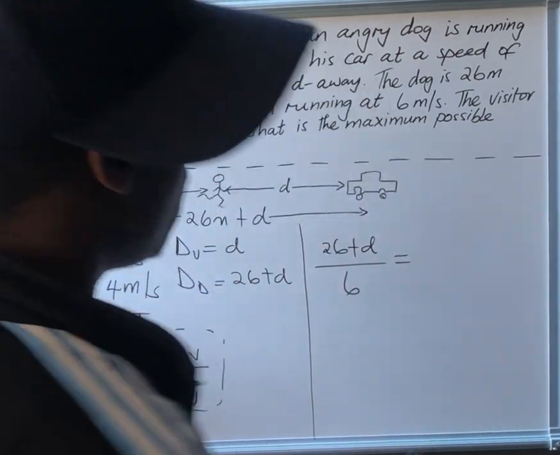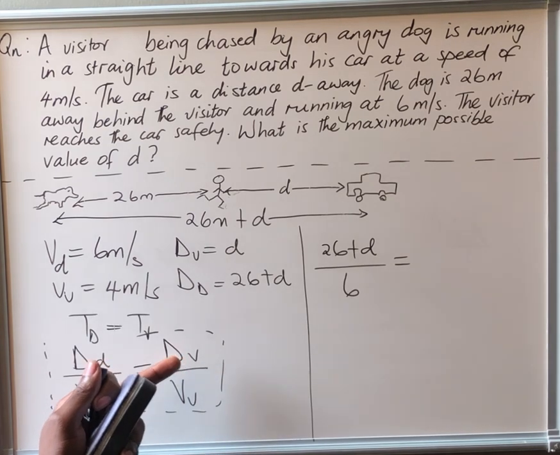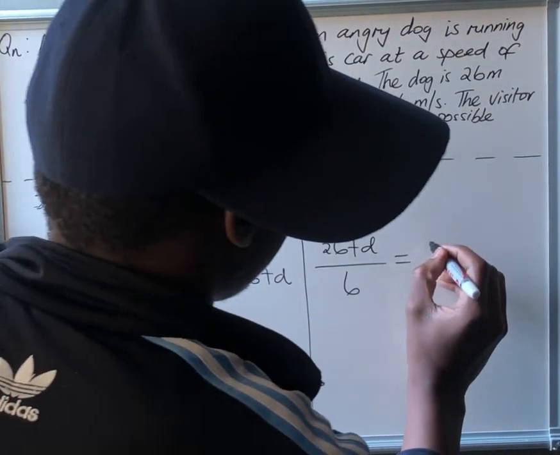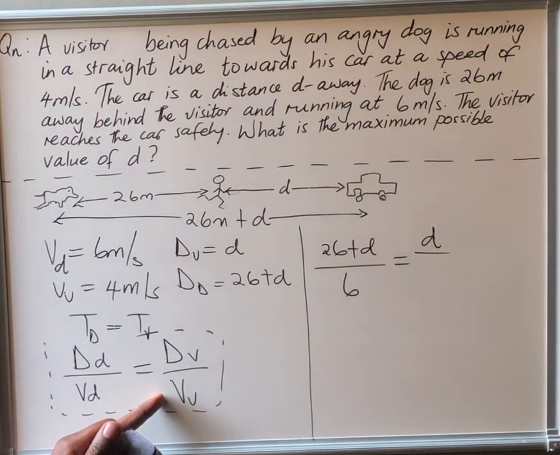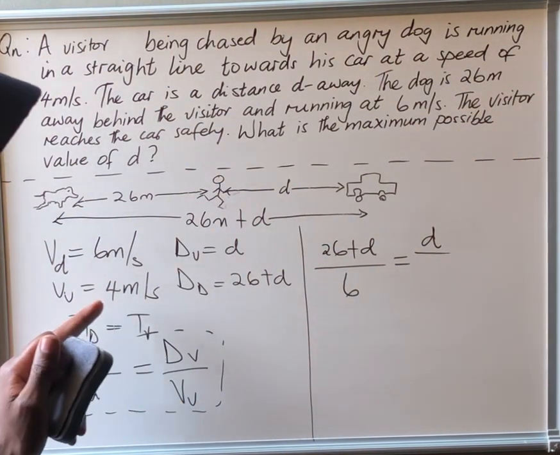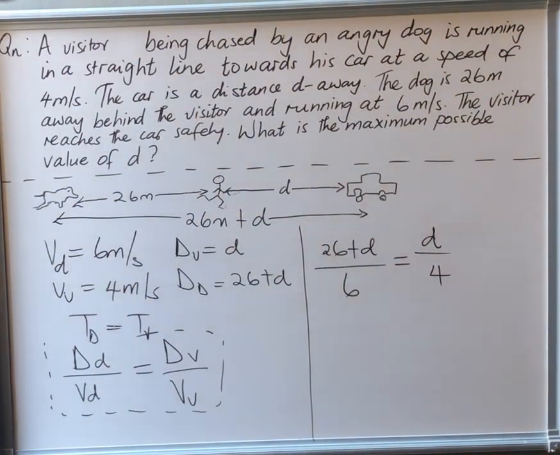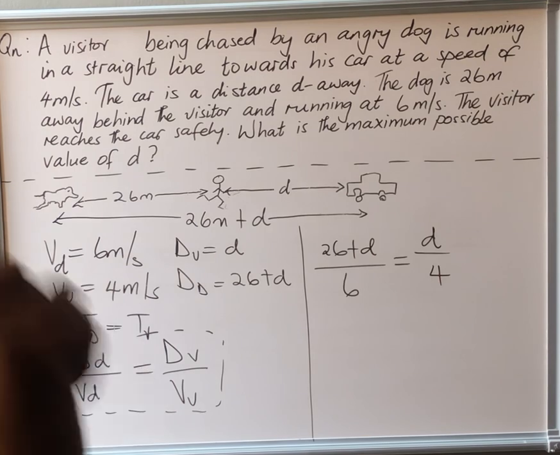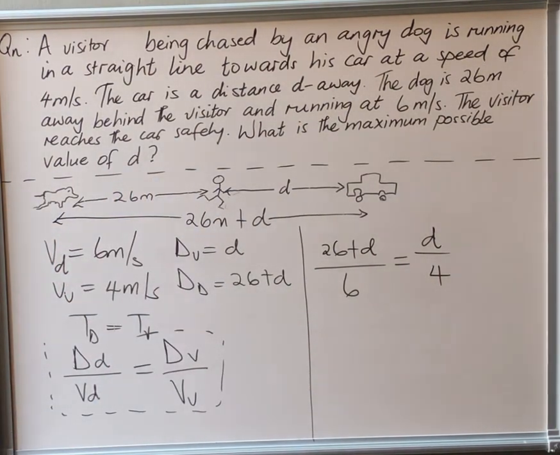This is expected to be equal to the distance traveled by the visitor, d, divided by the velocity of the visitor, which is 4. Now you can see that we have only one unknown, which is exactly the unknown being asked for by the question.